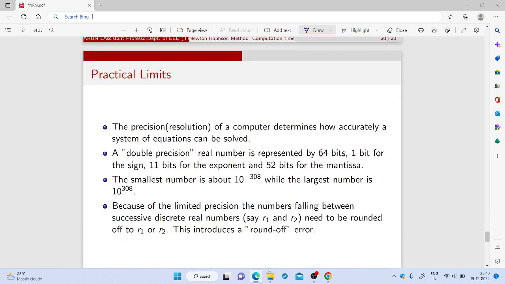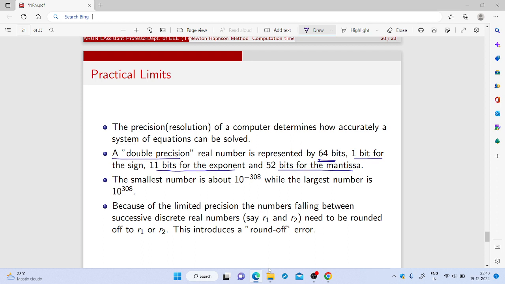And what are the practical limits in using the Newton-Raphson method? Because we are using a computer to solve this system of nonlinear equations, the computer has a finite precision or resolution, so that will determine the accuracy of the solution. A double precision real number is represented by 64 bits: 1 bit for sign, 11 bits for exponent, and 52 bits for mantissa.